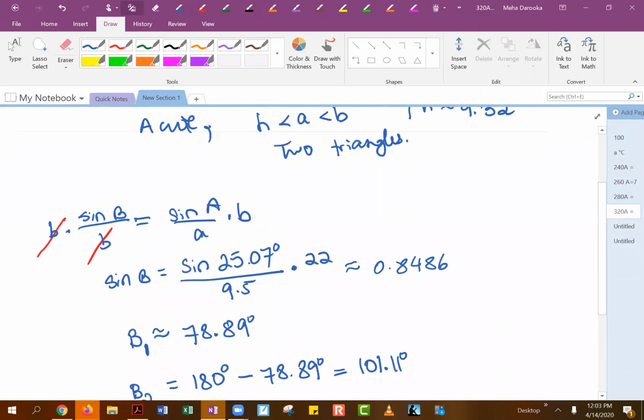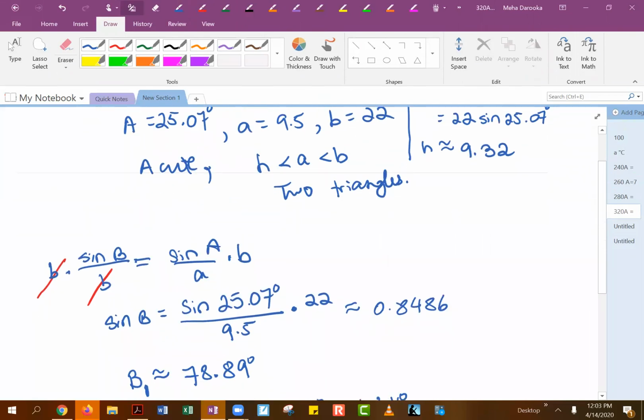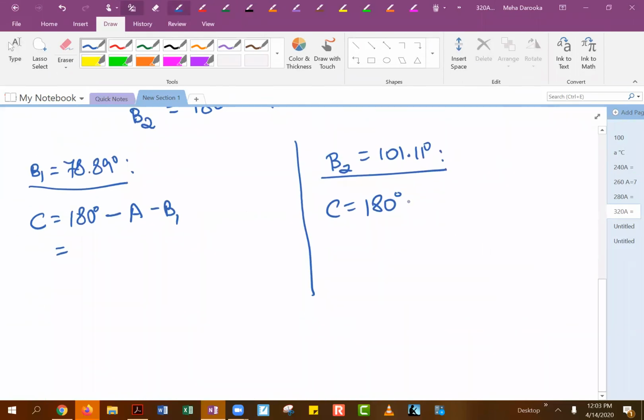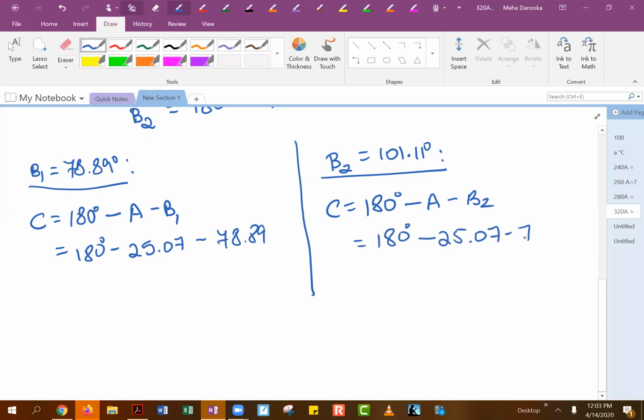It was 25.07. For angle B2, I got 53.82.